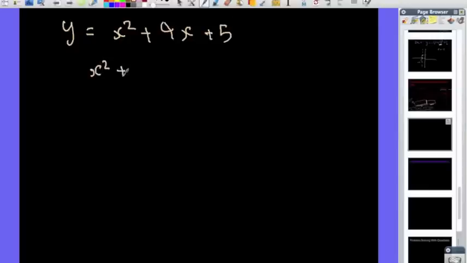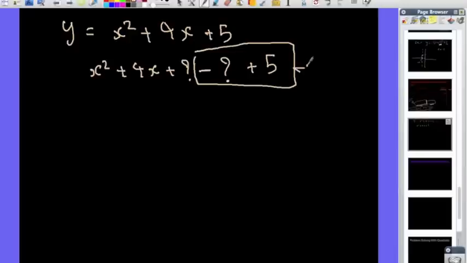If they give you something like y equals x squared plus 4x plus 5, the first thing you do is the question mark part: x squared plus 4x plus question mark, minus the question mark, plus 5. This is the separated part, the k part.